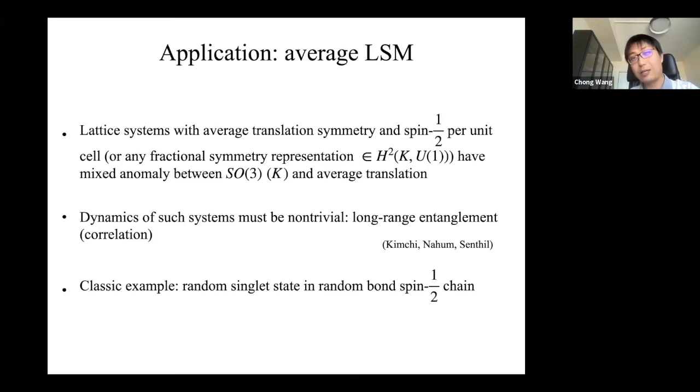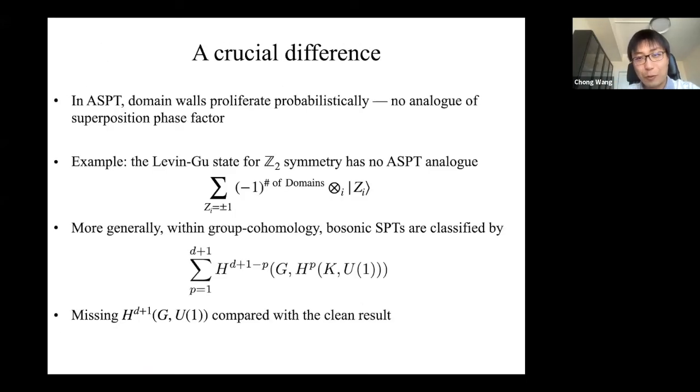The SO3 or SU2 has to be exact. If you make that average, it turns out it's pretty easy to make a boring state. Just polarize the spin. That's it. Exactly. Yeah. And that has to do with this thing I talked about. If all your symmetry is only average, the SPT-ness is gone. The anomaly is gone, and there's no constraint on dynamics.